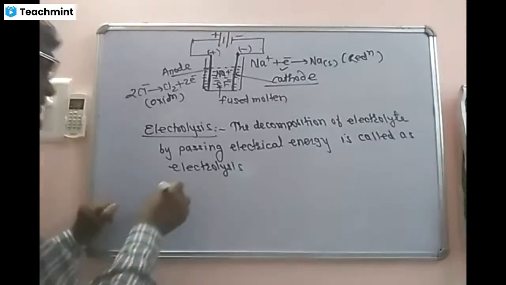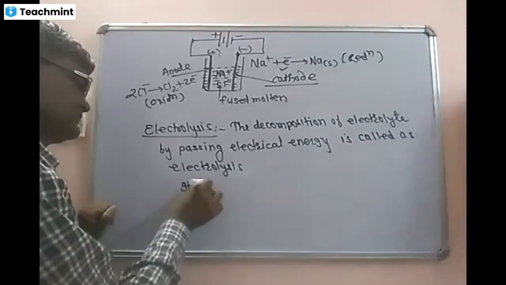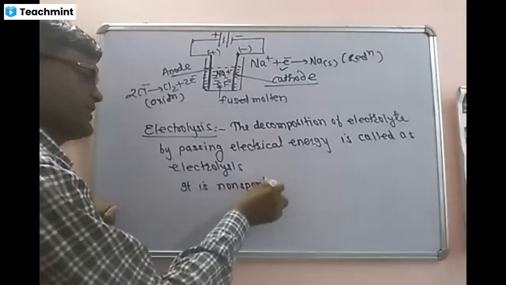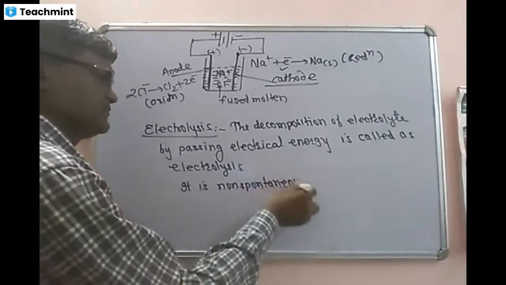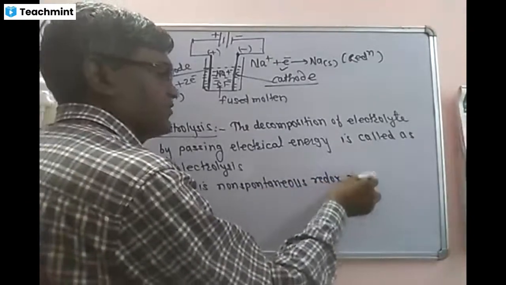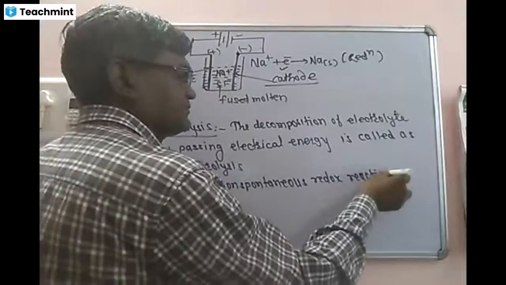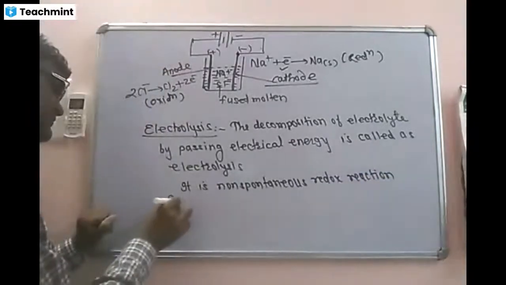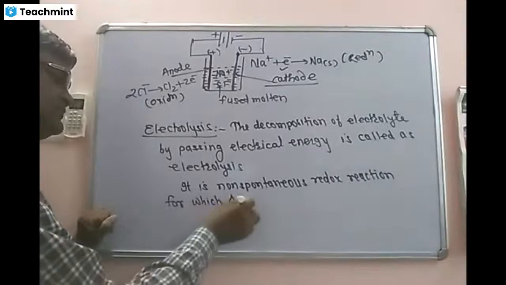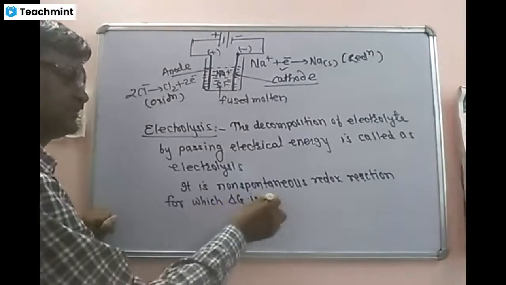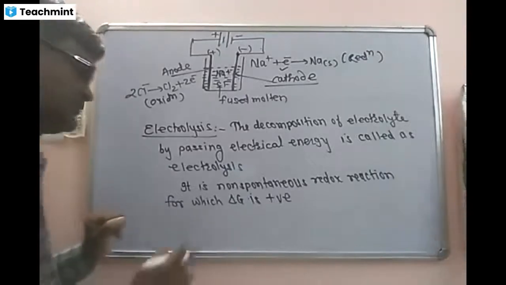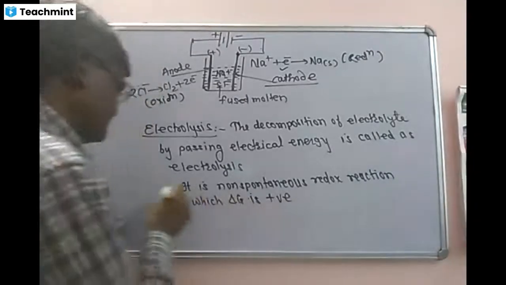So this one is a non-spontaneous redox reaction for which change in free energy will be positive, for which delta G is positive.